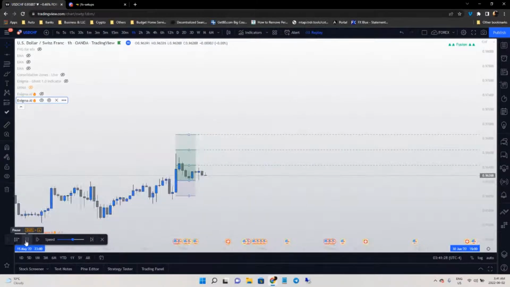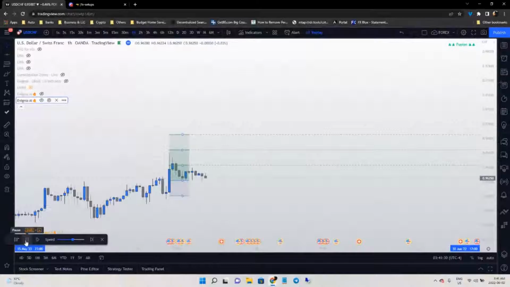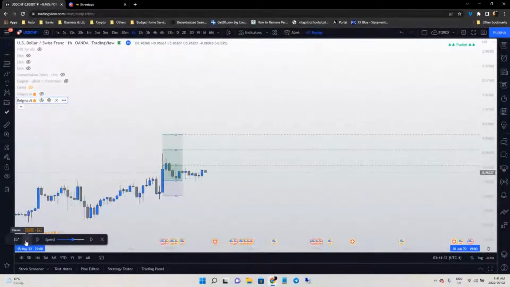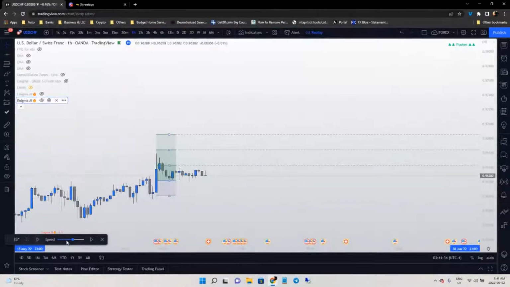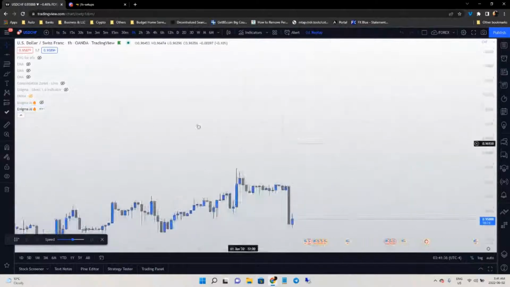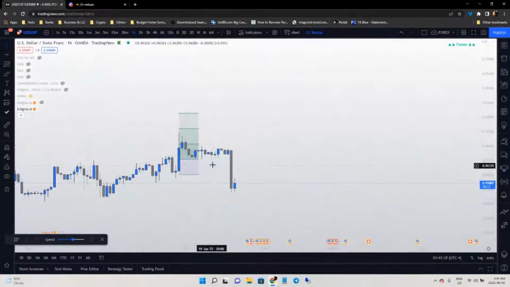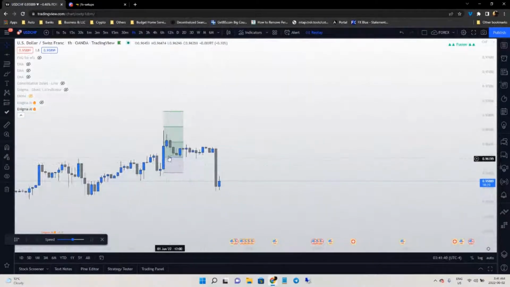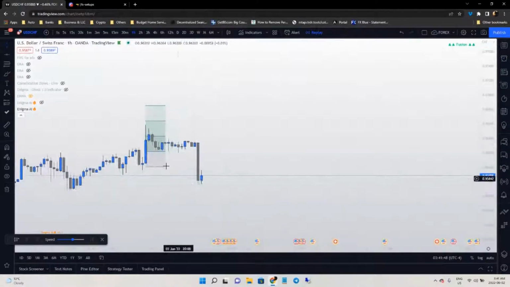So let's see. But as you could see, it only went to TP1 and then consolidated, and now it's down.